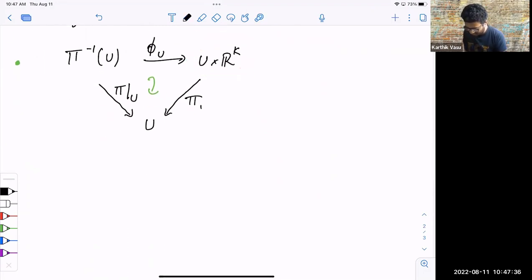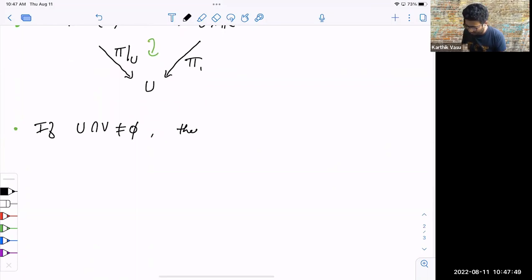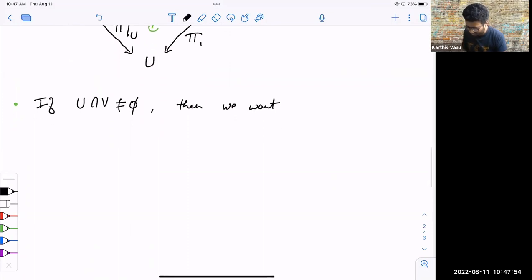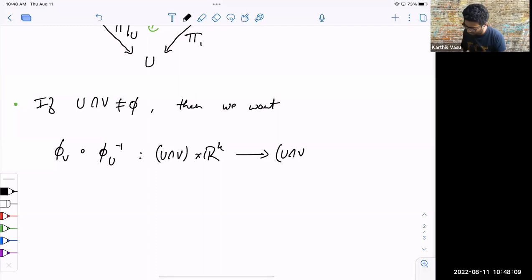Okay, then I also need a smooth compatibility condition. That is, if I have two open sets intersecting, then we want this phi U. So I'll get two maps, and I want the map going from the intersection to be smooth.